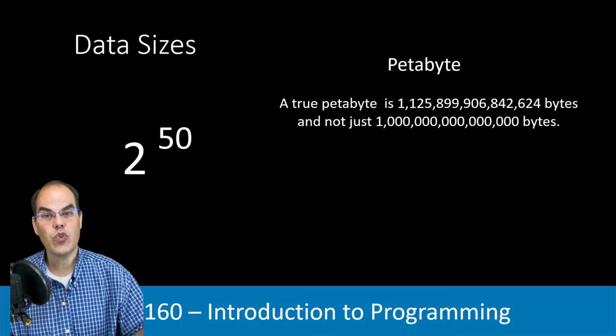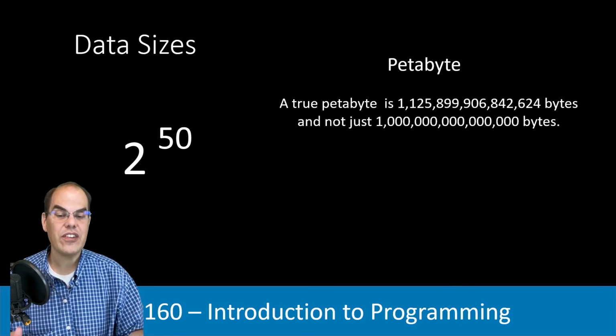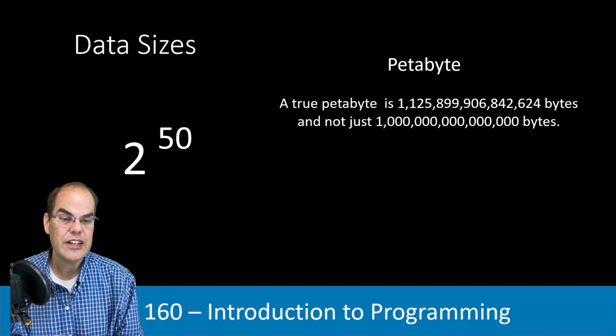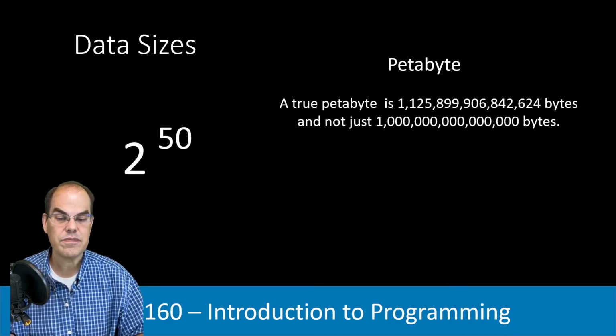Petabyte, quadrillions. So we're getting really big. So these are huge numbers that you can represent in a petabyte. So if you have many gigabytes on a hard drive, until you get to a petabyte, you can store a lot of information with that.